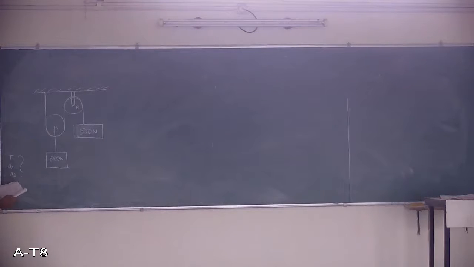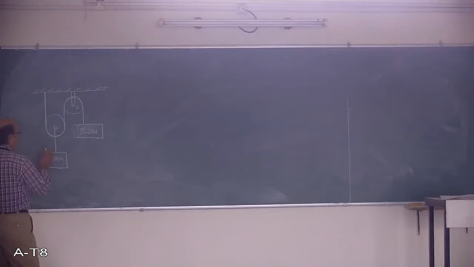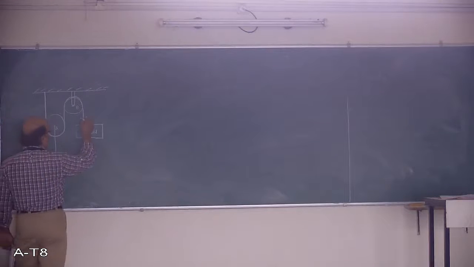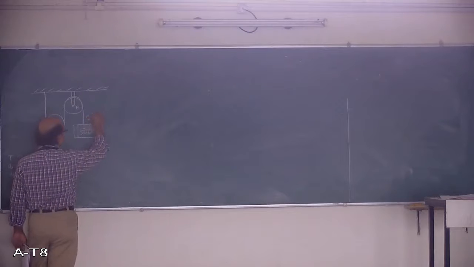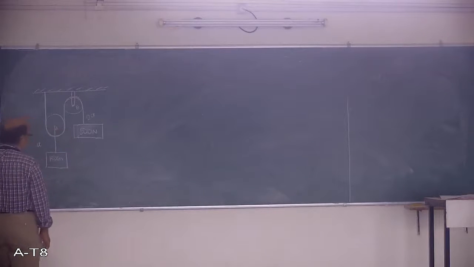So in this case, first of all, the acceleration will be double as the velocity is also double. Now we can say that acceleration of this block is, I call it A, and this block I call 2A, because of the alignment.